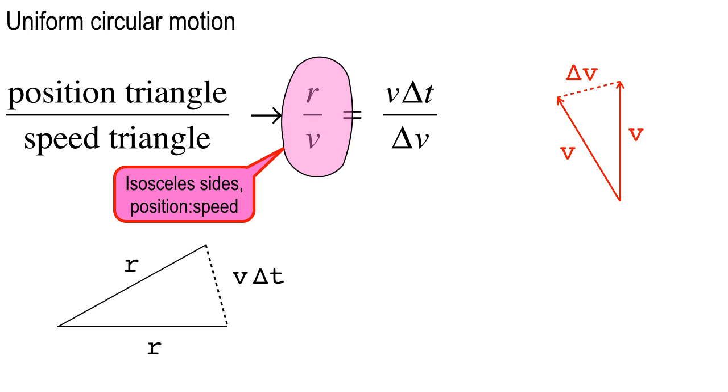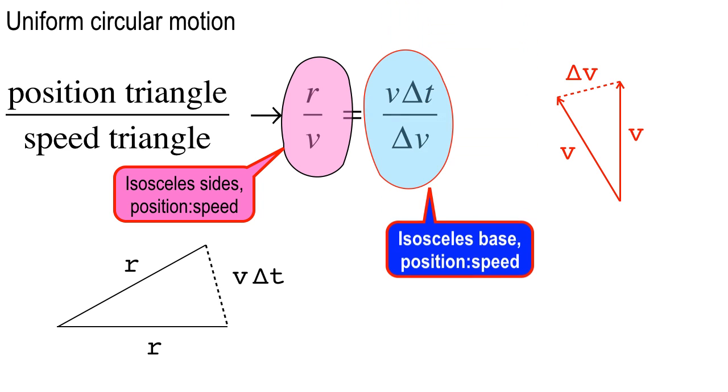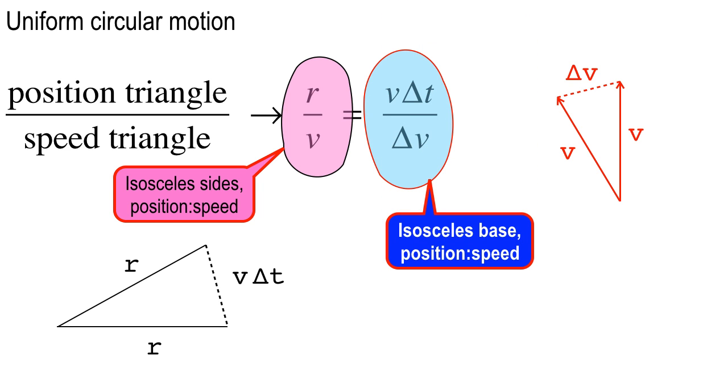And then this one over here, v delta t, that's the base for the position triangle, the third side of the isosceles triangle. And then delta v is the isosceles base for the speed triangle. And the ordering is the part from the position triangle on top and the part from the speed triangle on the bottom.